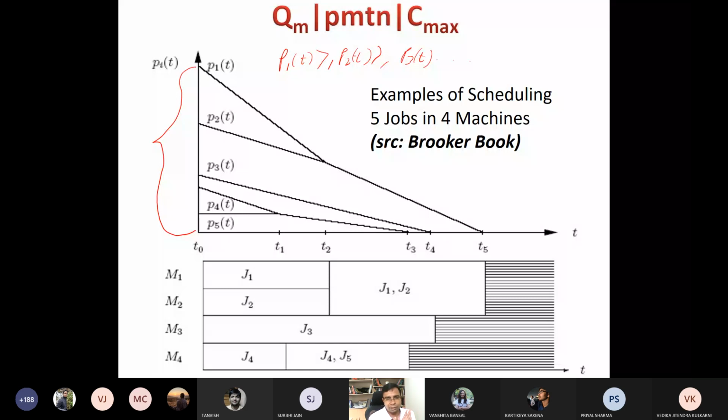Suppose you have 4 machines: M1, M2, M3, and M4. A very simplistic example. M1 has the highest speed, M2 the next lower, then next lower, then the next one. Job one we are allocating to M1, the higher speed machine. Are you able to see this point?